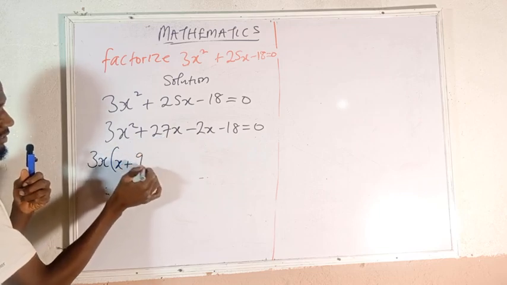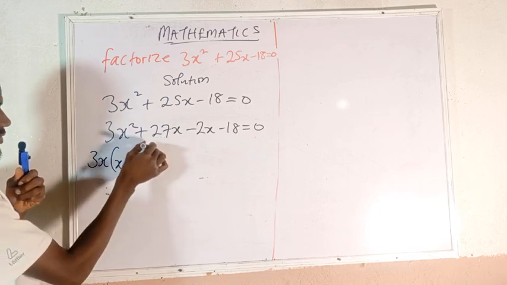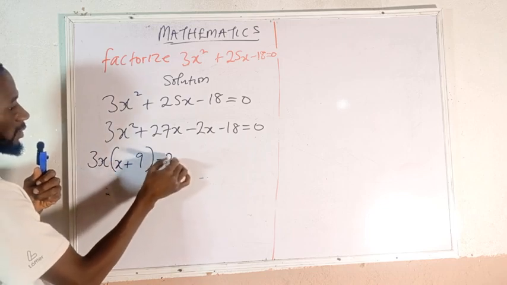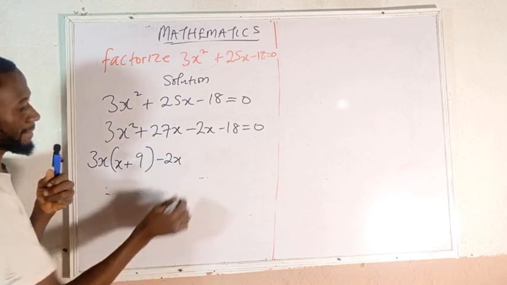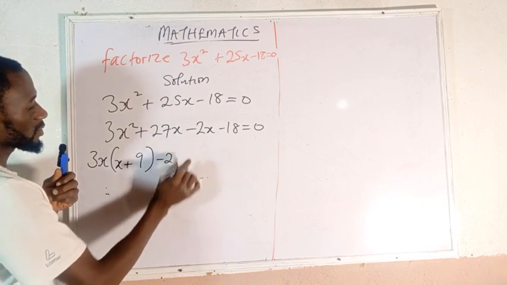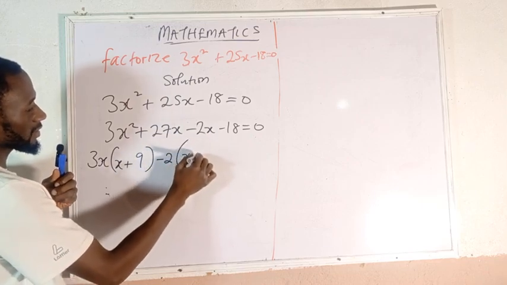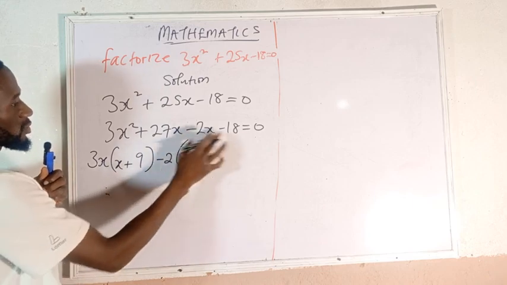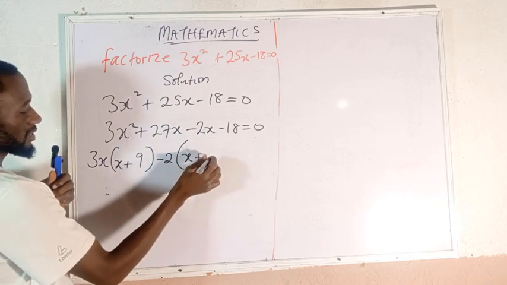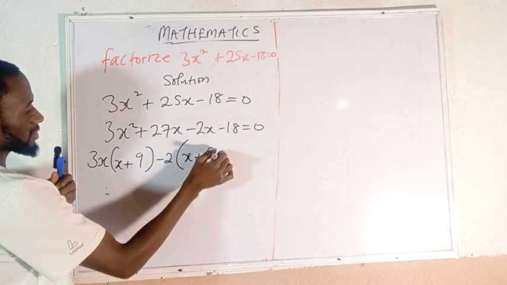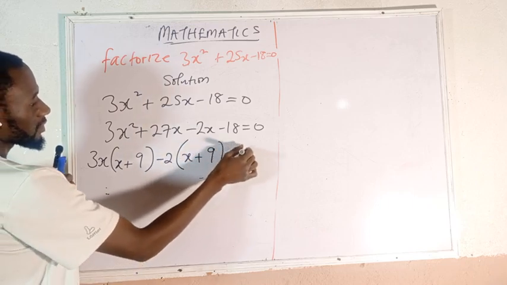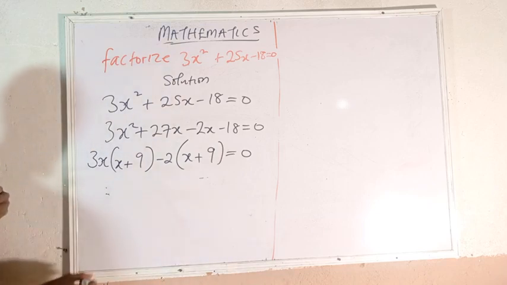Here we have 9. 3 times 9 is 27. Then we have plus 2, so minus 2 with x in the bracket plus 9. How many 2 do you have in 18? It can go 9 times. This is equal to 0.